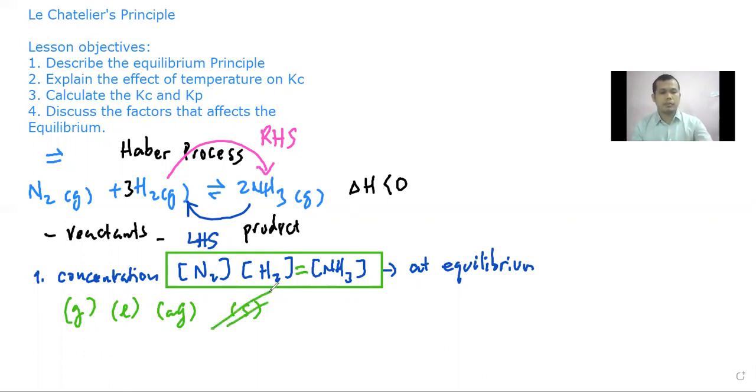So the solid state is not applicable for the calculations of equilibrium, right? So that's the first thing that you need to remember when we discuss the equilibrium principle.